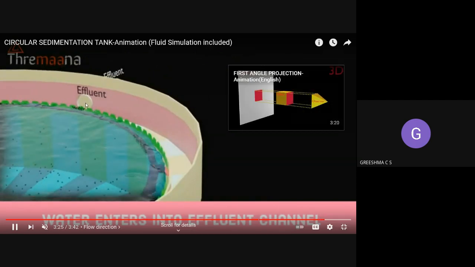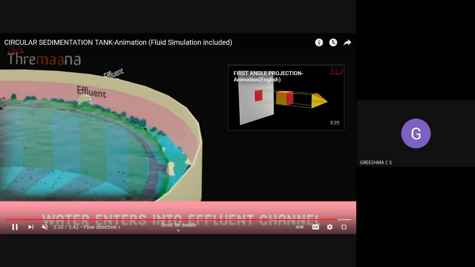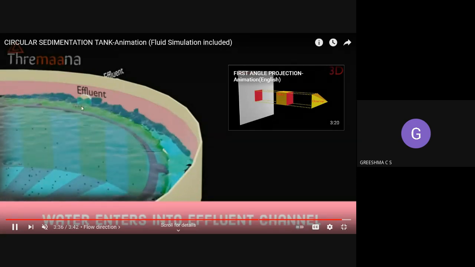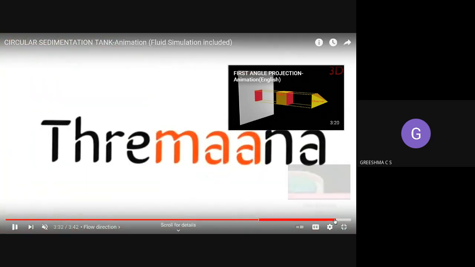This is the influent depth. All the particles will be deposited at the bottom, and the effluent, the pure water, will be collected through this effluent pipe. You can see here, through this the water will be collected.